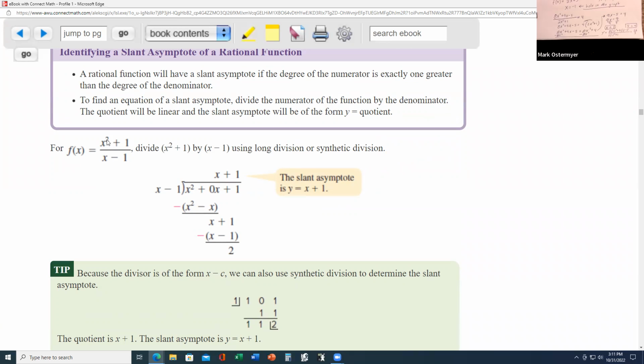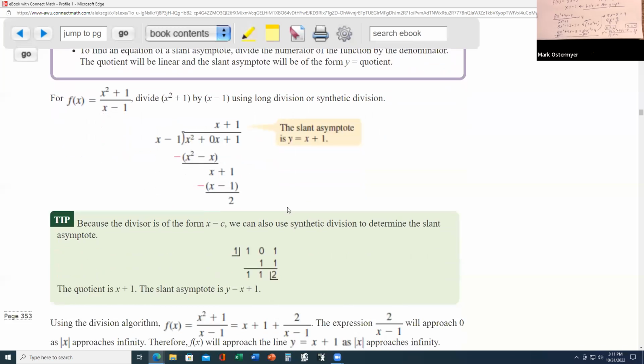Because the numerator degree is exactly 1 larger than the denominator degree, we would say that this rational function does not have a horizontal asymptote, but it does have a slant asymptote. And again, this is how you find the equation, by dividing the bottom into the top. Any questions how they found that slant asymptote equation by using long polynomial division or synthetic division?